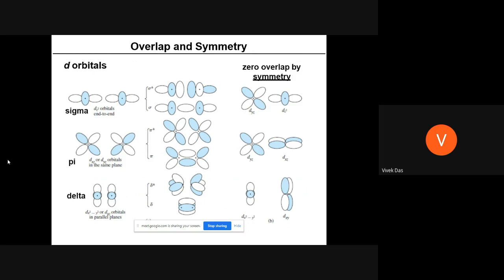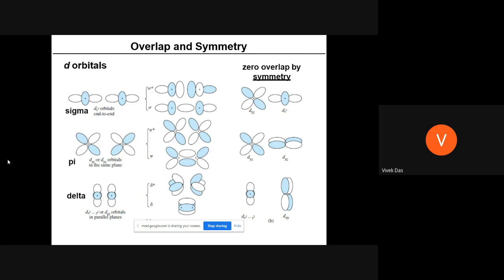It is the same for other orbitals like d orbitals. This is the diagram of dz square orbitals, how they form bonding and anti-bonding. In the case of pi, it's just a schematic representation of a pi orbital, and the last one is the delta orbital, which happens in the case of dxy, and it's all for transition metals.